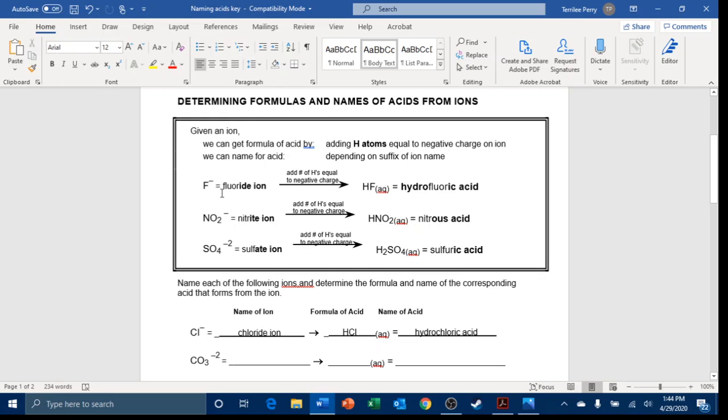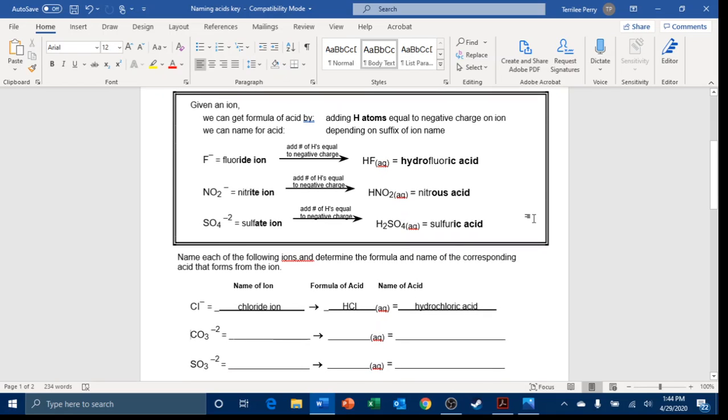Now, let's look at if you have the ions here because they have charges, and you're trying to find the formulas. So naming the acid is not any different, but they're giving you the ions so you can do the formula. And I think that's what you might be getting hung up on this first part. Okay, so let's do the first one.